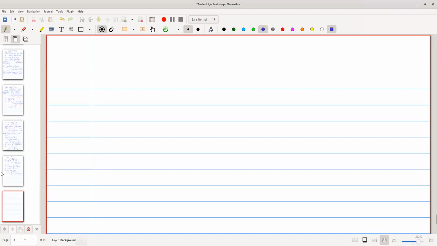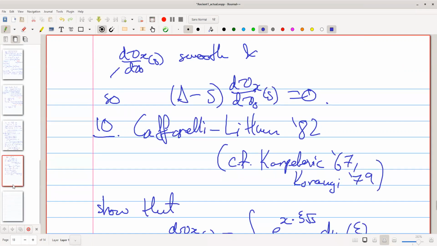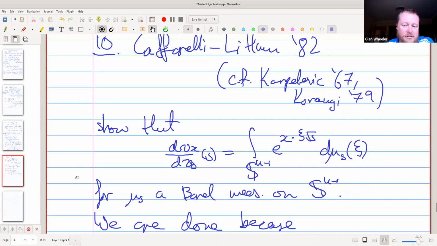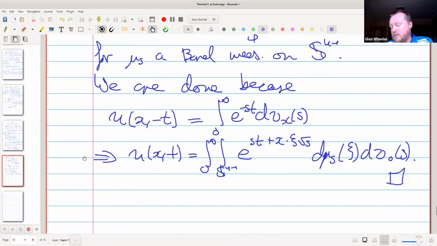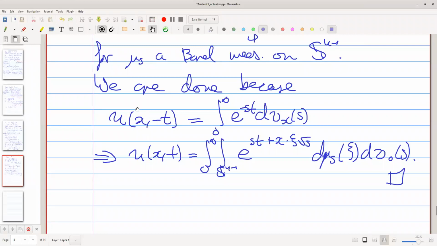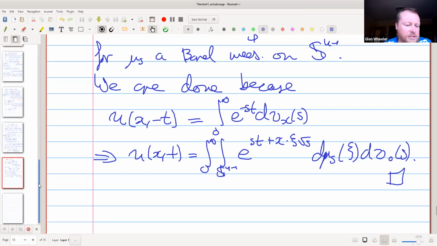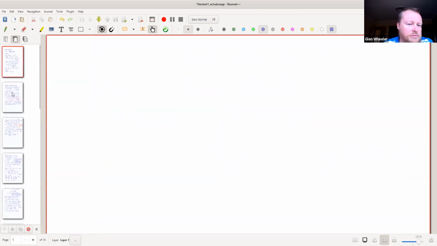Glen? Yes, Julie. Just remind me what you're proving here. This formula holds for general non-negative ancient solutions to the heat equation on Euclidean space, not assuming any kind of growth. Right. Yeah, I'm trying to prove this formula. Did I write it down up top here?